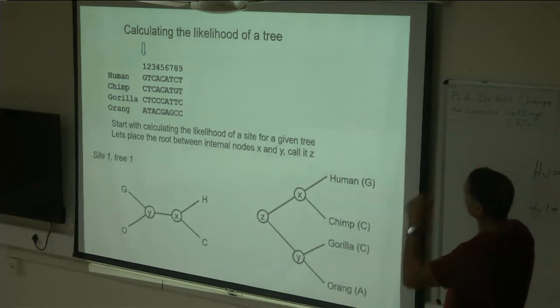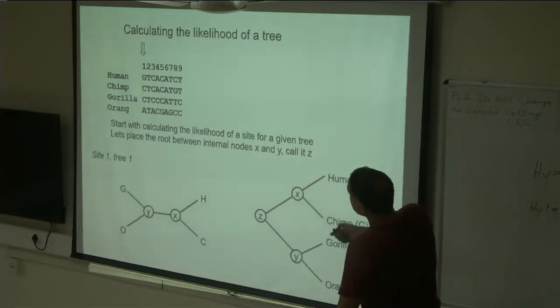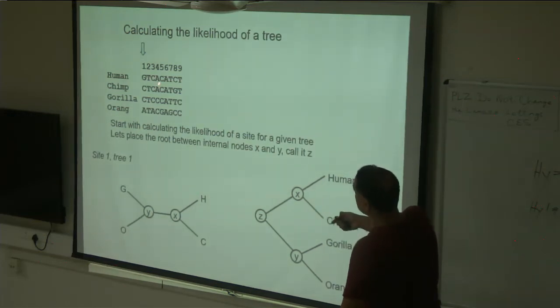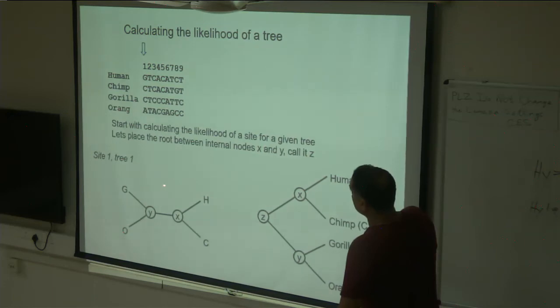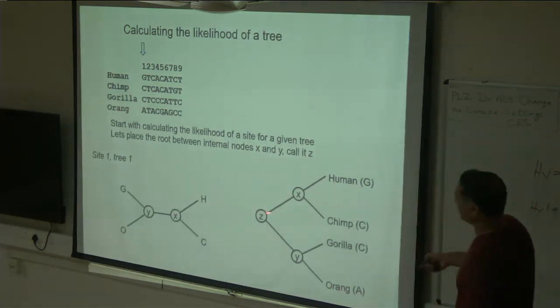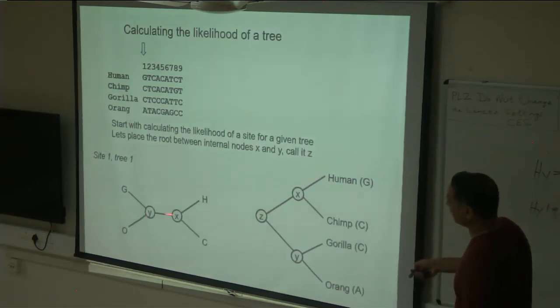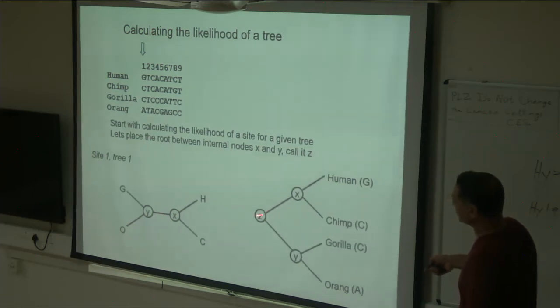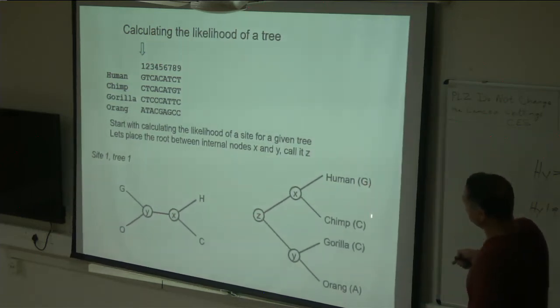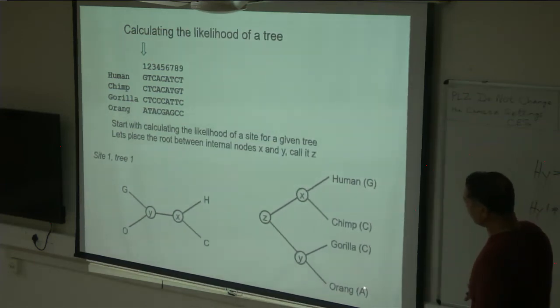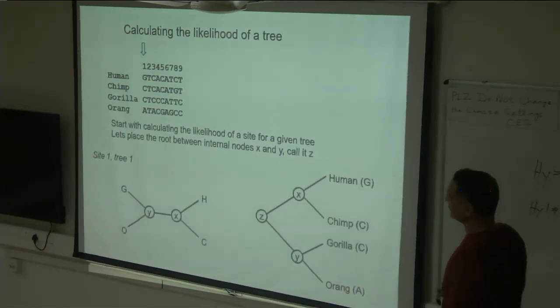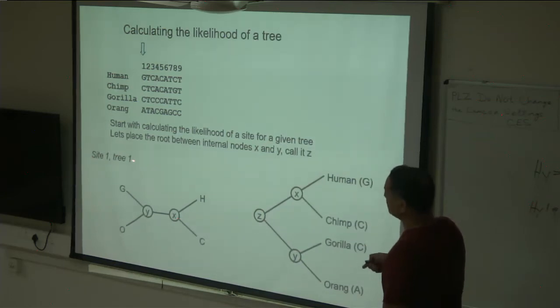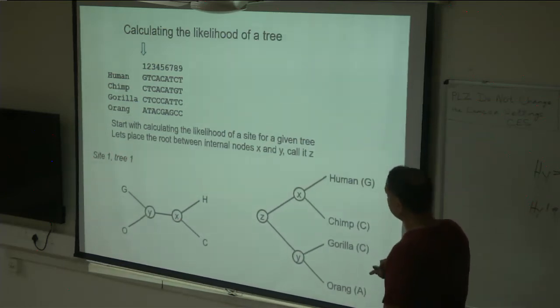So to give you an idea, let's look at again just site number 1, right? And root it over here. So the internal nodes here are Y and X, and the root is Z. Human has a G, chimpanzee has a C, gorilla has a C, orangutan has an A. Okay, so that's tree number 1, site number 1.